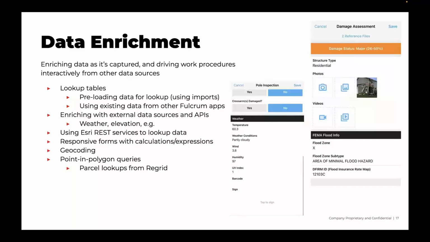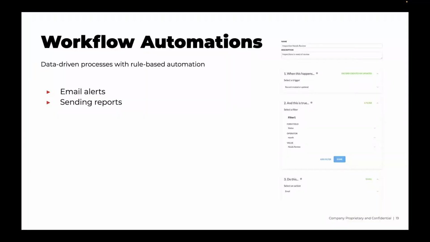That's really what I was talking about with the parcel lookups and hitting the FEMA services for flood zone information. And then workflows, being able to send email alerts, and not only emails, you can customize the body of those emails, which I'll look at. You can also send PDF reports. So if you've got a report built out in our report engine, which you can build as your own custom report, or we can help you build one, you can have that automatically sent based on data-driven rules and not manually having to be sent by somebody.